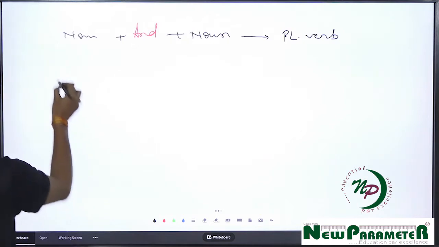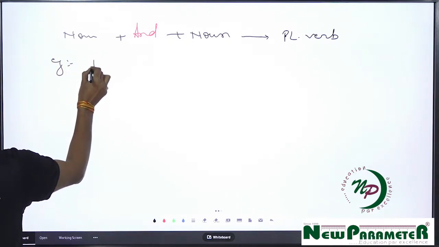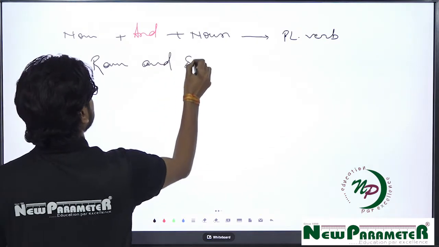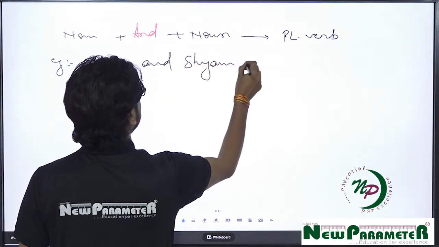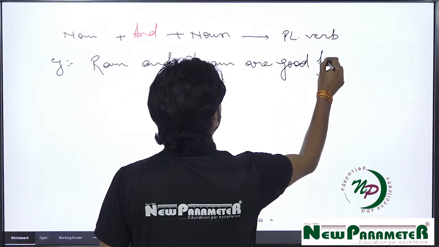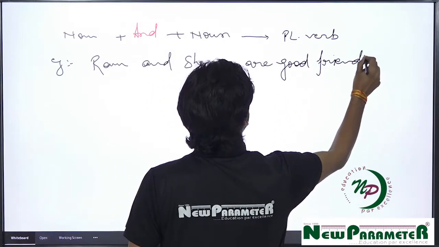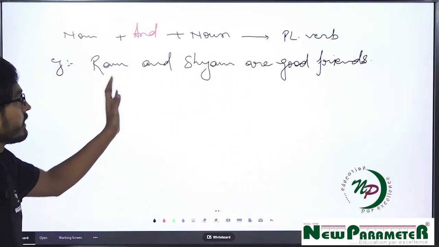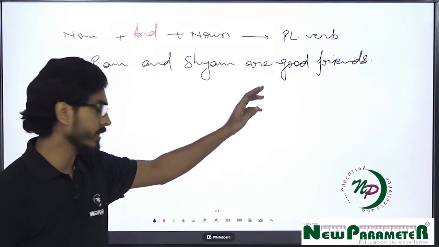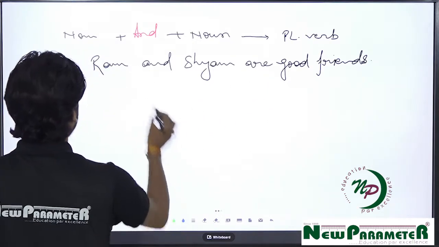For example, Ram and Shyam are good friends. I have connected two nouns, Ram and Shyam. So I have used here a plural verb. It is perfectly fine, no problem.